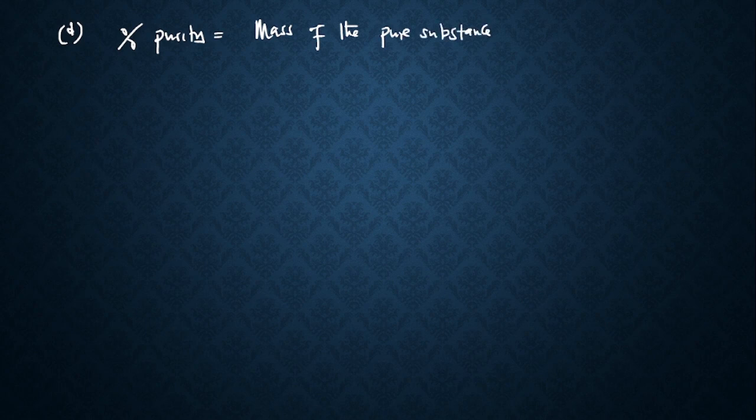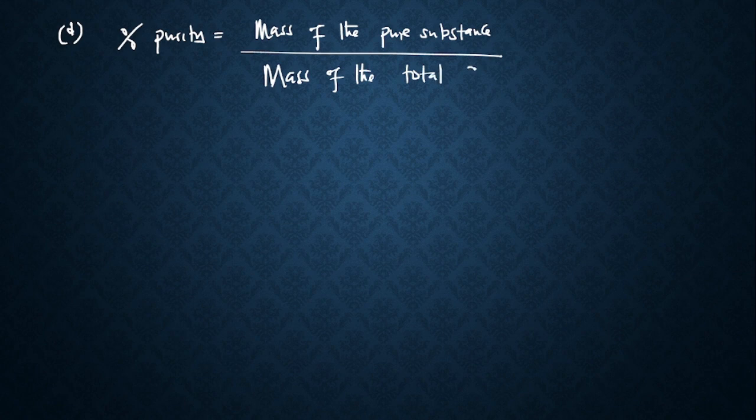Take note that percentage purity is equal to mass of the pure substance divided by mass of the total sample, multiplied by 100%. In this case, the mass of the pure substance was 6.4 grams, then the mass of the sample was 8.0 grams, multiplied by 100%.